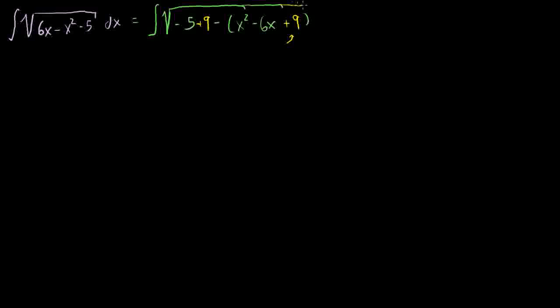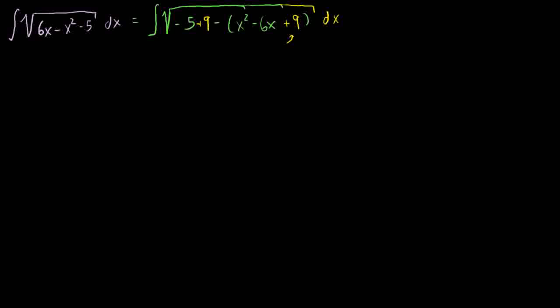If what I just did doesn't make complete sense, and obviously you have the dx right there, multiply this out. You get minus x squared plus 6x, which are these two terms right there, minus 9, and then you'll have this plus 9, and these two will cancel out, and you'll get exactly back to what we had before. I want you to realize I didn't change the equation. This is a minus 9 because of this, so I added a 9, so I really added 0 to it. But what this does is it gets it into a form that I like.